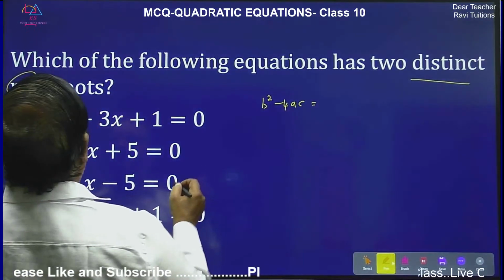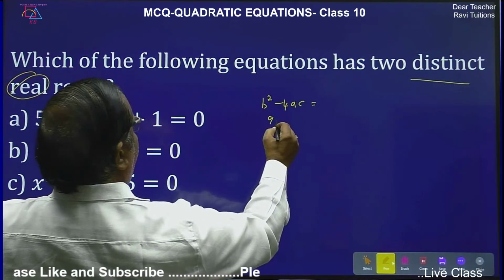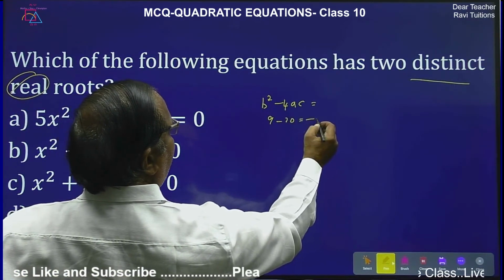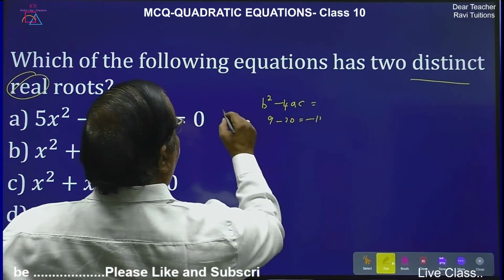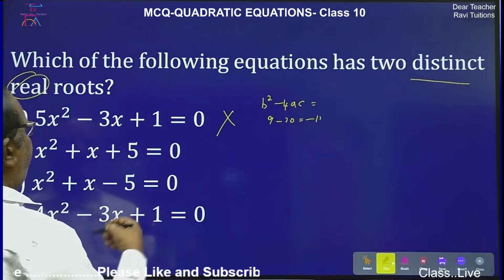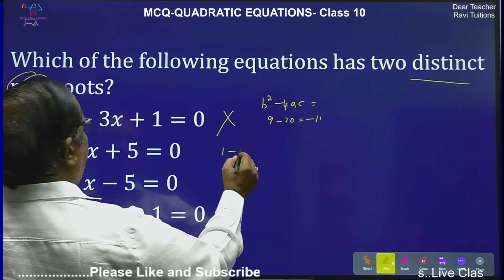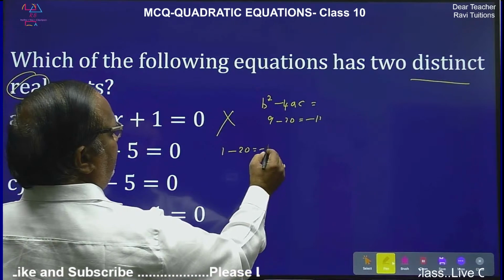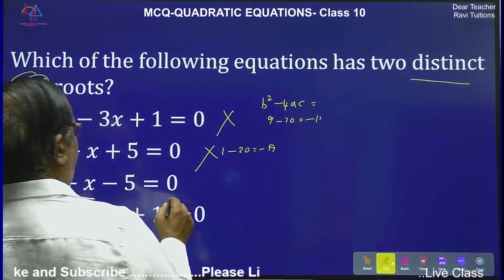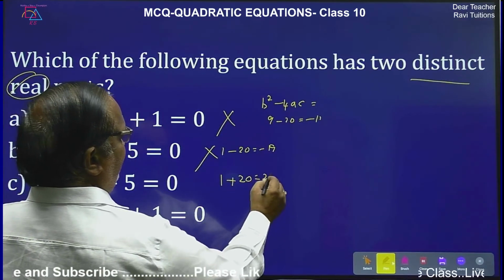Okay, now b square minus 4ac, I will do it fast. This is 9 minus 20 is equal to minus 11. So not real, leave it. So here b square is 1 minus 20, minus 19, this is also not real. So here 1 plus 20, 21.